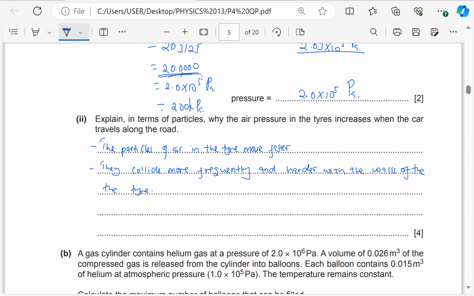So they collide more frequently and harder with the walls of the tire because they are moving faster, and if they do that, the force they exert increases.